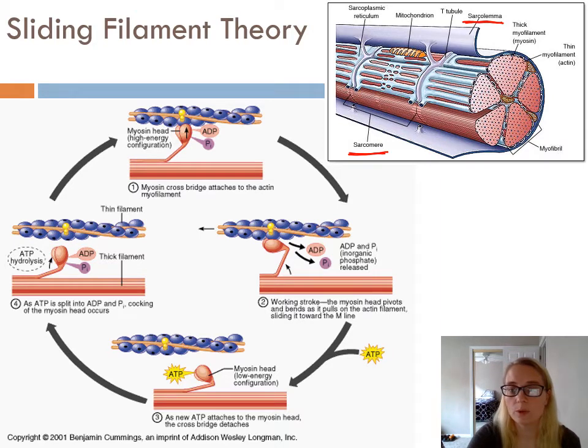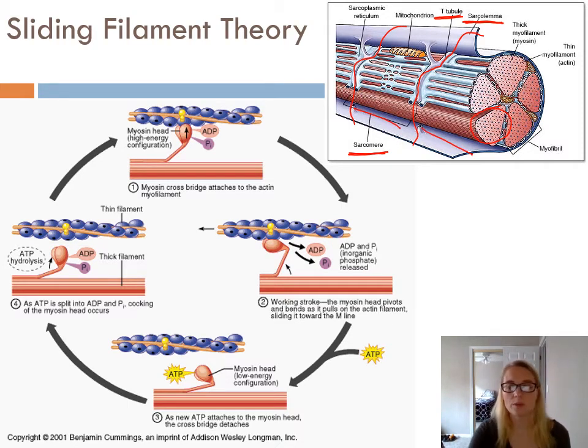Here's the T-tubule, these transverse tubules. So they're continuous. So that electrical signal that's traveling along the sarcolemma will travel all the way through these T-tubules that are completely surrounding every single one of those myofibrils, and they're jam-packed full of calcium. Okay, and then here's your myofibrils made up of all of these repeating units of sarcomeres.